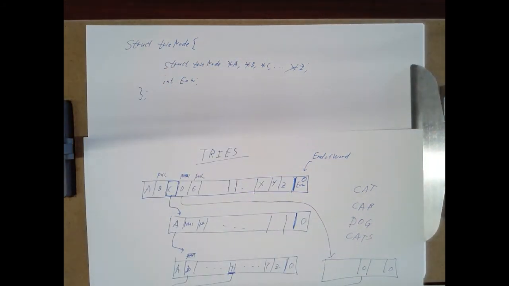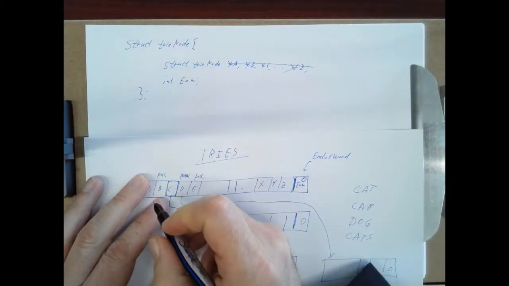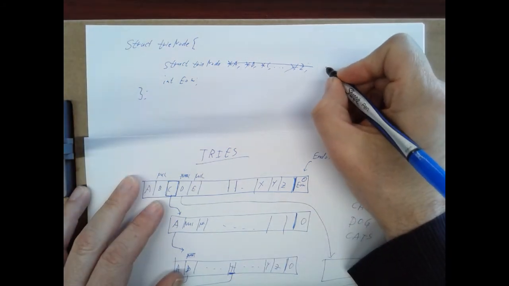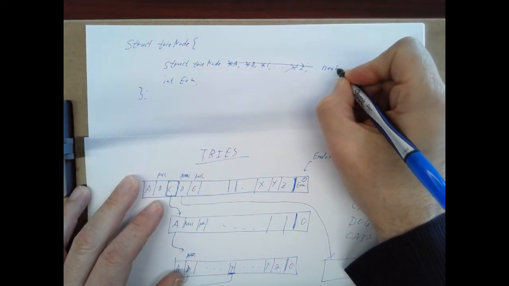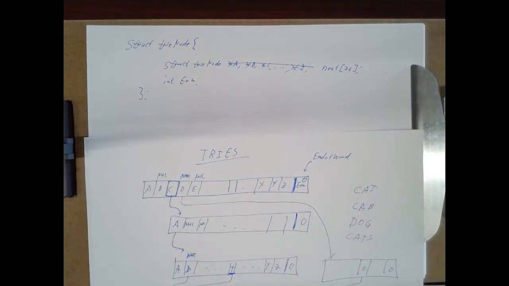But it's probably not really practical to have 26 different field names, A, B, C, D, up through Z, right? So you would probably make an array of these things. So struct try node, next bracket 26. So now we have an array of next fields inside each node, as well as a flag.